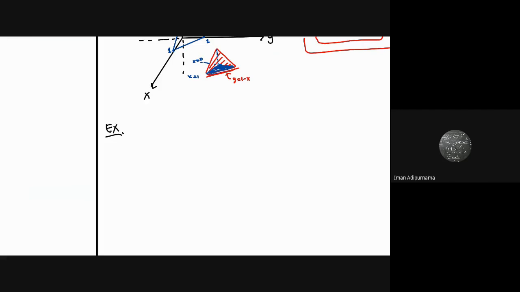First, you need to find the boundary. You need to at least sketch the projections, sketch the double integral, right? And then the triple integral is actually you just adding one more layer to the integration, in which it is the functions of two variables. Okay, now let's try the other example.